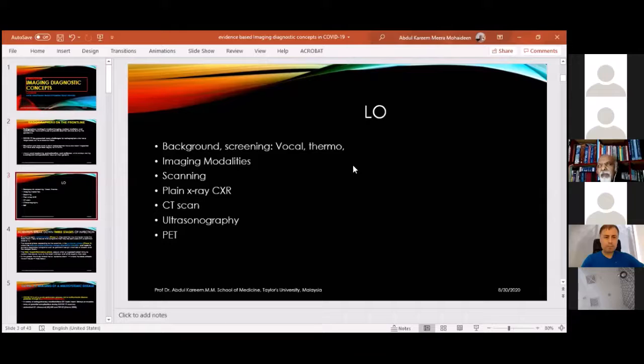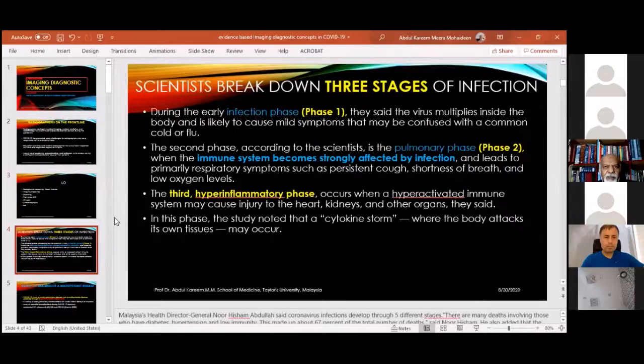What is the real role played by the plain X-ray of the chest, CT scan, as well as ultrasonography, which may be a little bit new to you? All these things we will be touching on in a shorter time, okay?